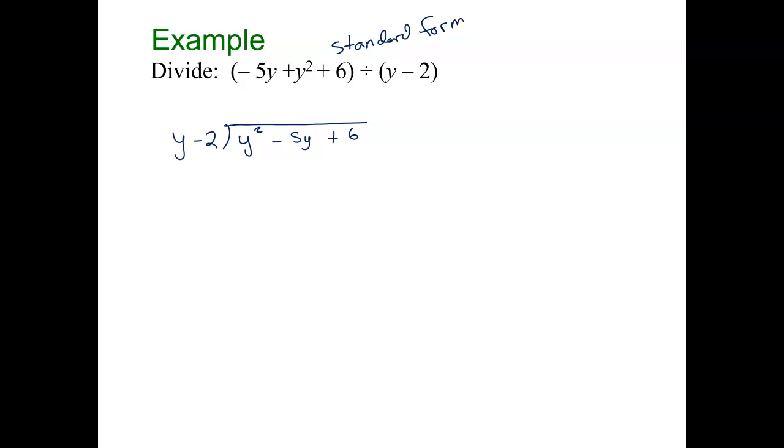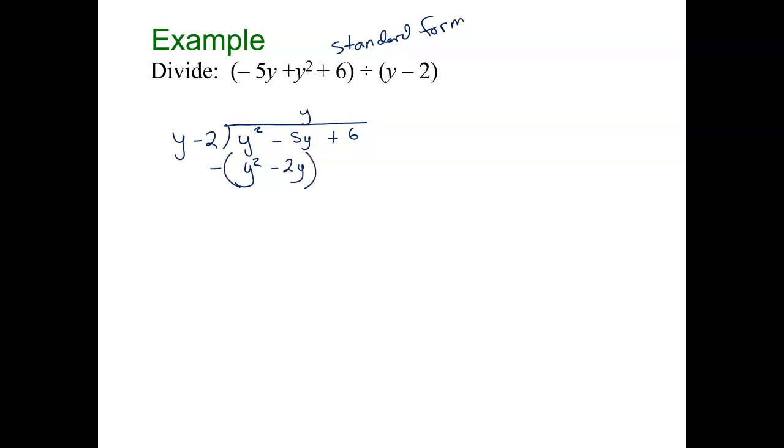So what am I going to divide to start? Y squared divided by y gives me what? Y. Where am I going to put it? Over the 5. And then, step 2. What else? There you go. And then we're going to subtract that.